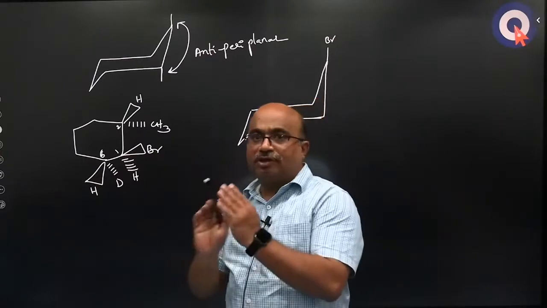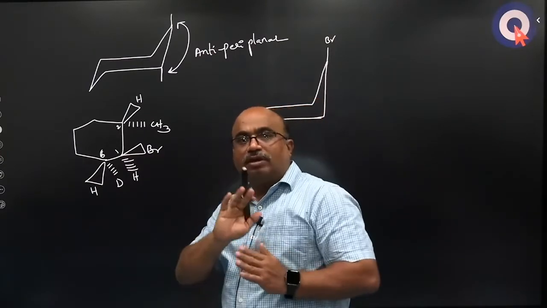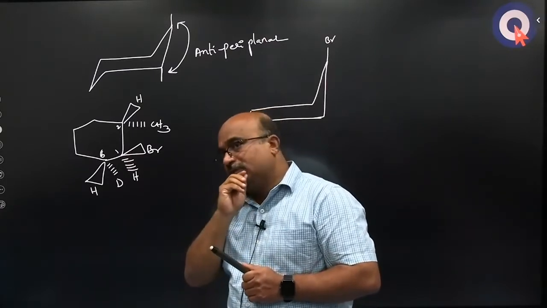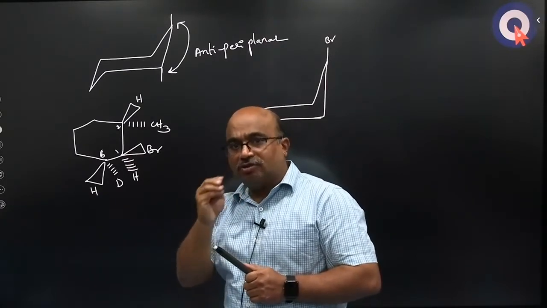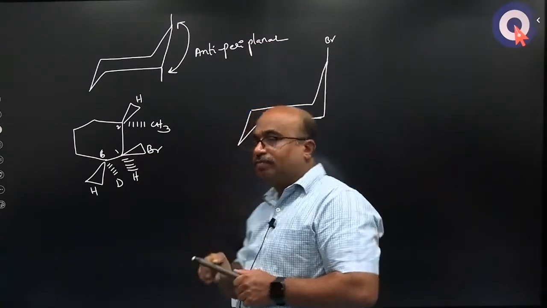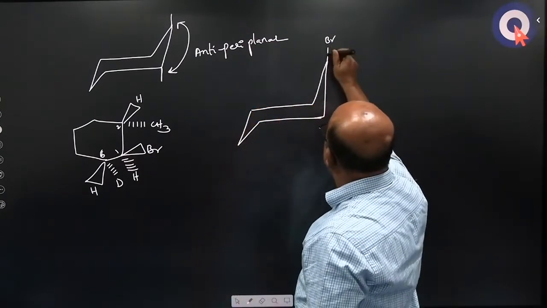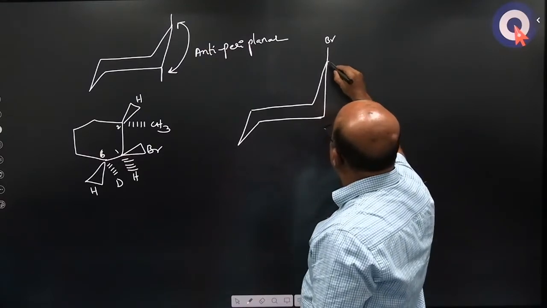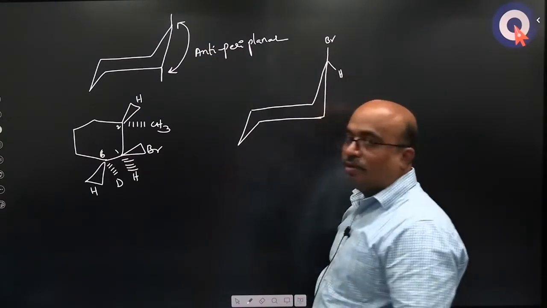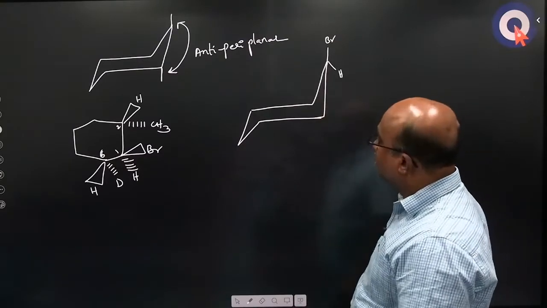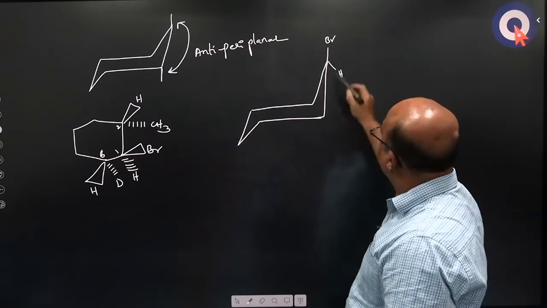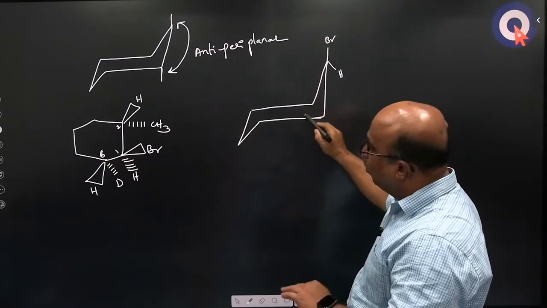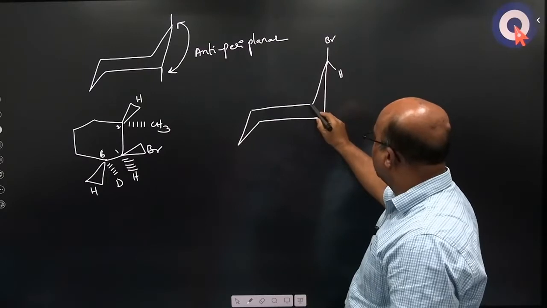When a group is on a solid wedge, it is above; on a dashed wedge, it is below. So here the axial bond is above and the equatorial bond is below, meaning the hydrogen here is below, so the equatorial bond is hydrogen. Now what is next? You just move on. This carbon is the second carbon. At this carbon, the group which is below is CH3, that is, axial is CH3.